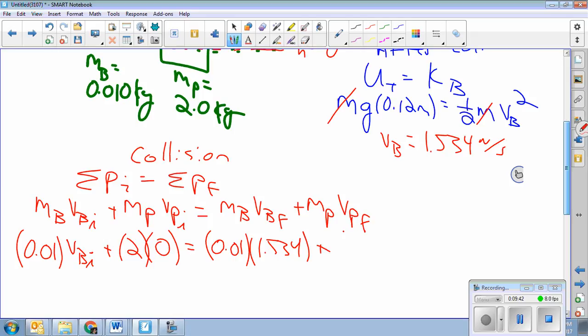Plus the mass of the pendulum, 2 kilograms, times its velocity after the collision, also 1.534. And solve that for the velocity of the bullet initially. This obviously goes away. So simplify, divide by 0.01, and you get the answer of whatever I said it was on the sheet.